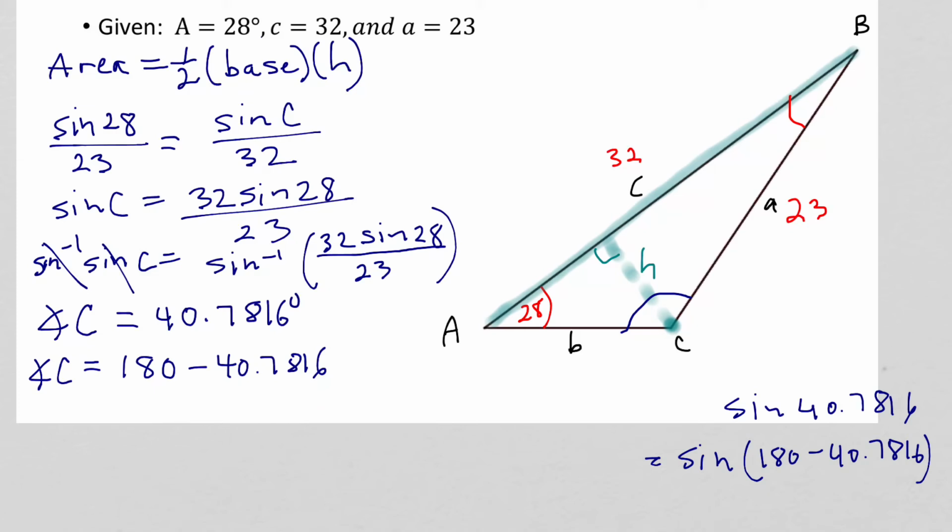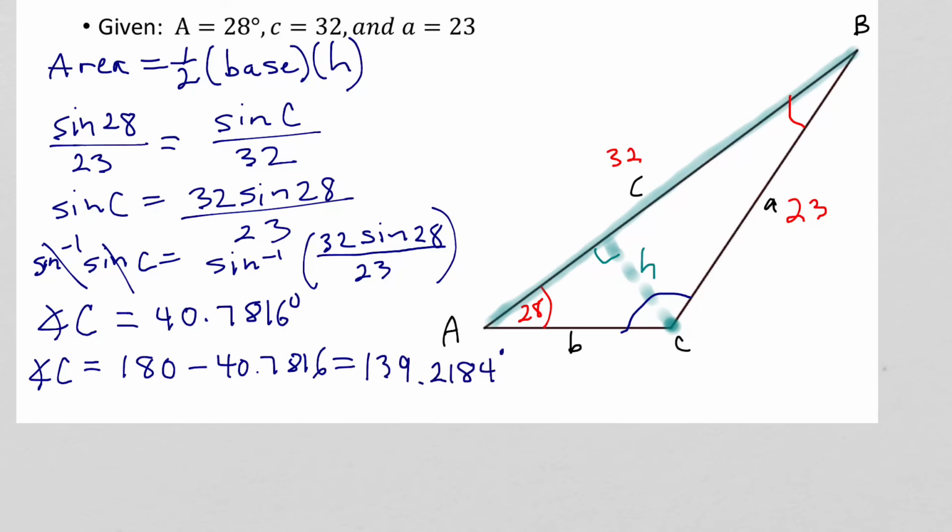All right, so my real angle C is obtuse, so if I subtract that, angle C is equal to 139.2184 degrees. Okay, so that is my angle C. That's this angle right here. So let's just draw a little arrow here. That's your angle C, your obtuse angle.